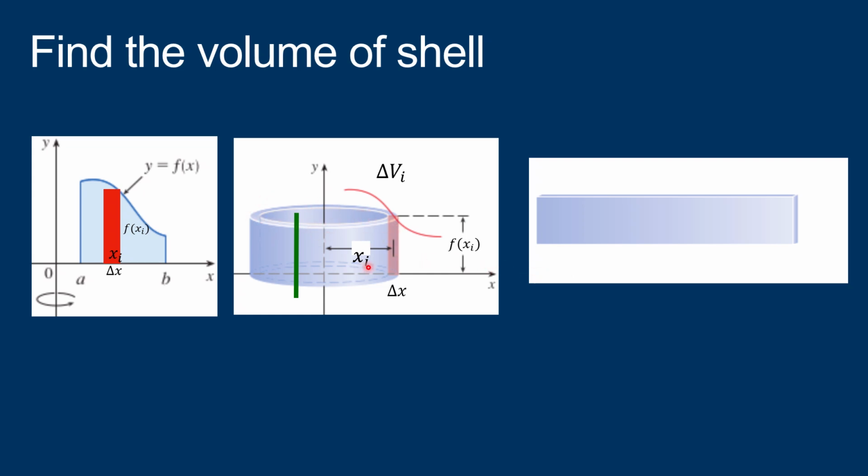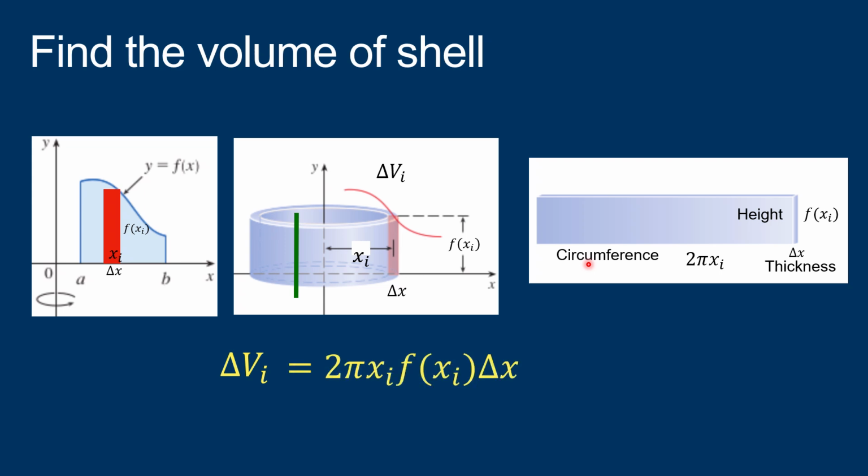What is the radius? x_i. So the circumference is 2 pi x_i. Then the width is going to be the height, which is f of x_i. The thickness is going to be delta x. That's the volume of the thin cylindrical shell.